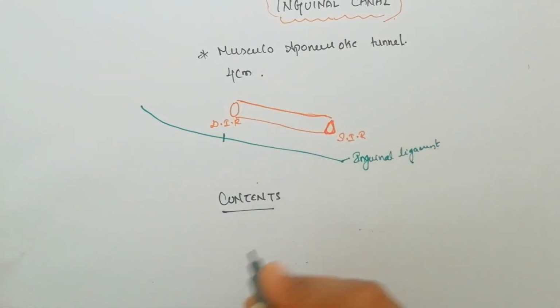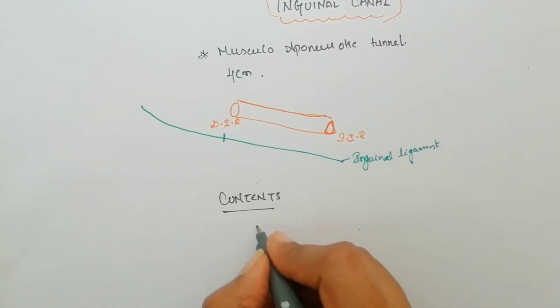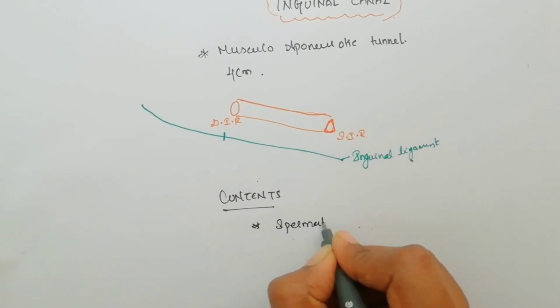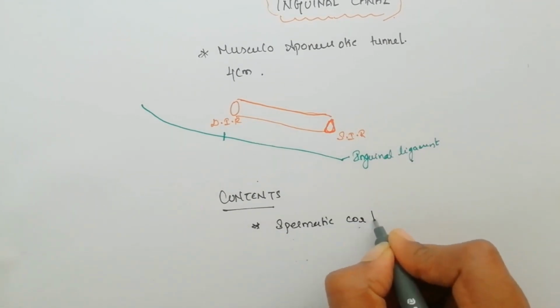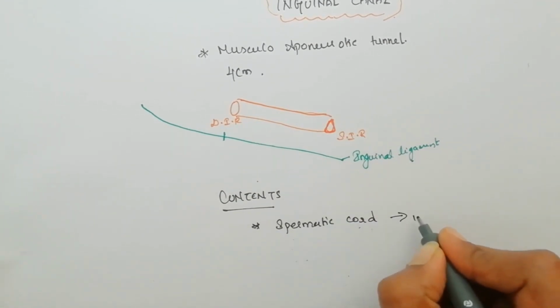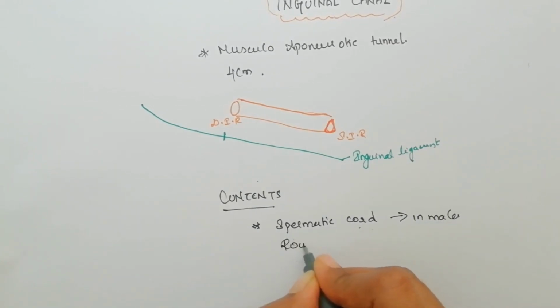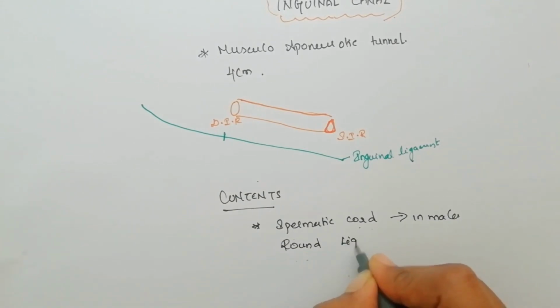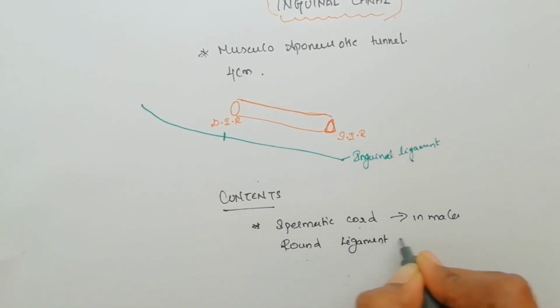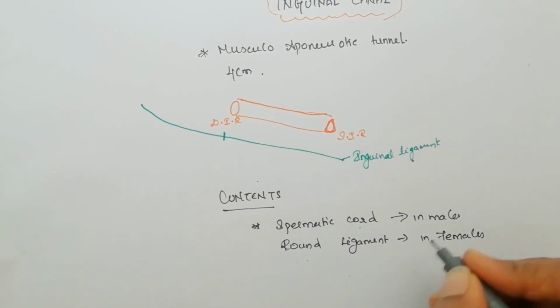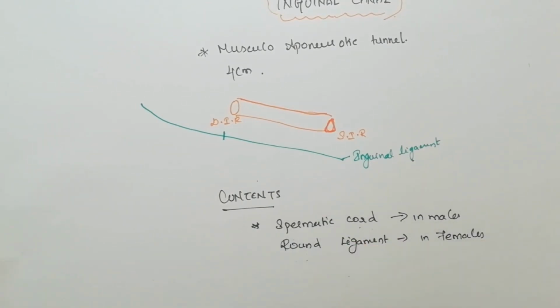Of the two important contents, first we have the spermatic cord, which is seen in males, and in females it is replaced by the round ligament. So in males it is the spermatic cord, in females it is the round ligament.